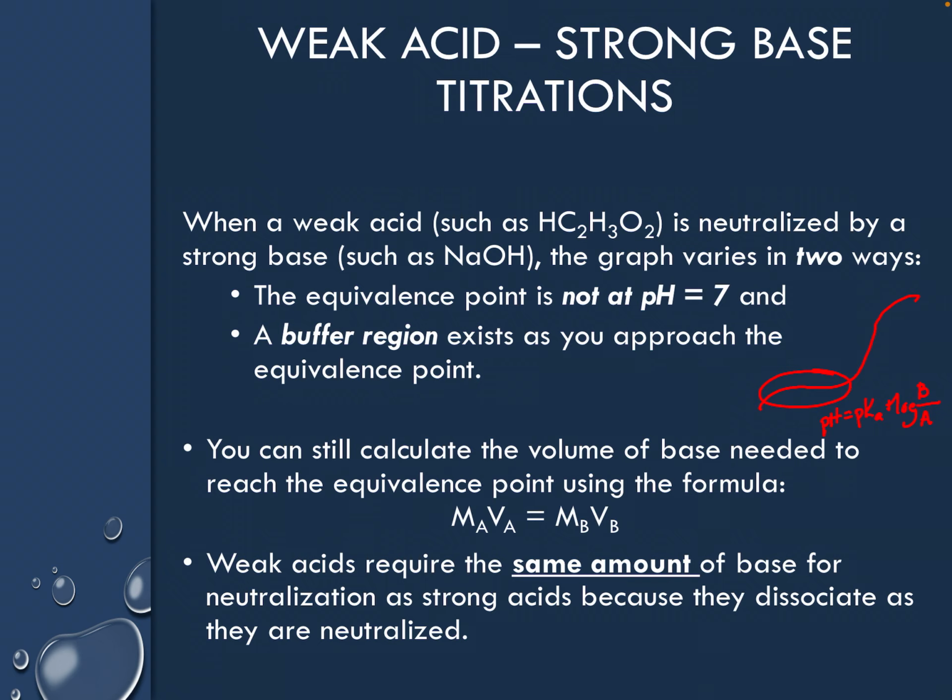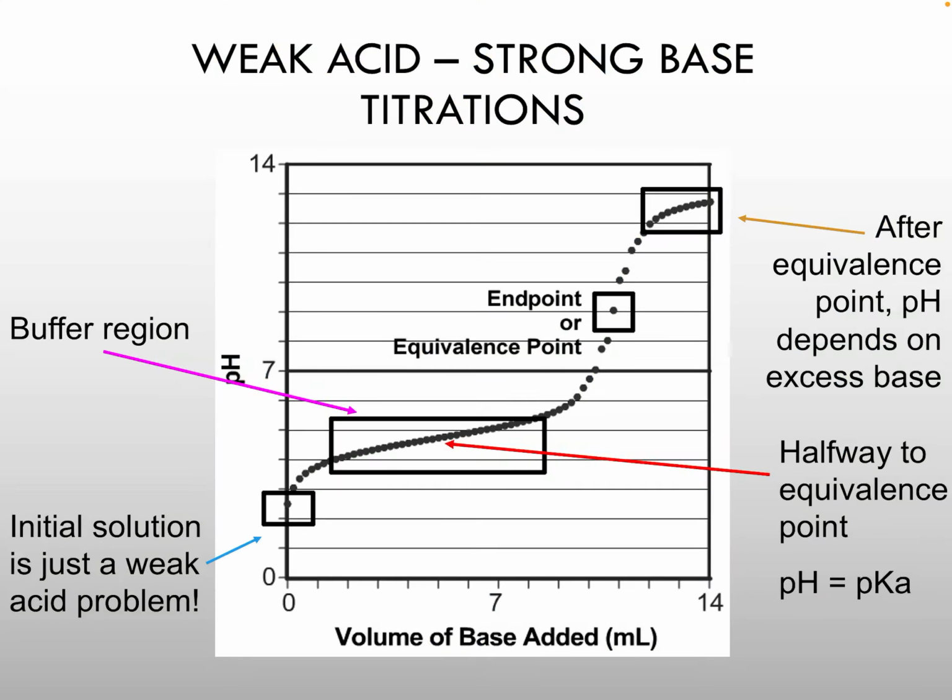The reason that we can use this equation, though, if they react in a 1-to-1 ratio for these weak acids, is because weak acids require just the same amount of base as the strong acids do, because they dissociate as they are neutralized. So we still have the same number of acidic hydrogens that need to be pulled off by that strong base. They just aren't free in solution yet. They're still kind of attached to the molecule.